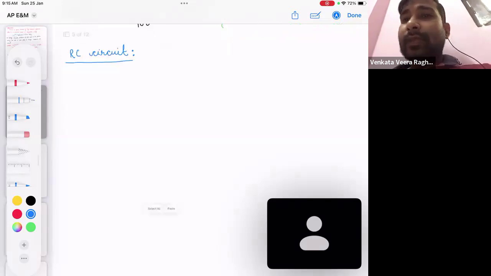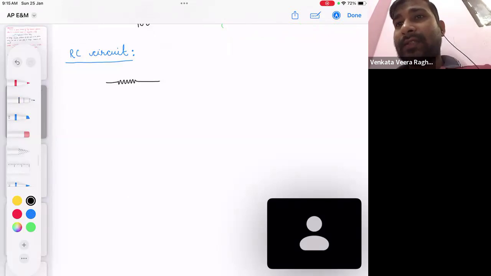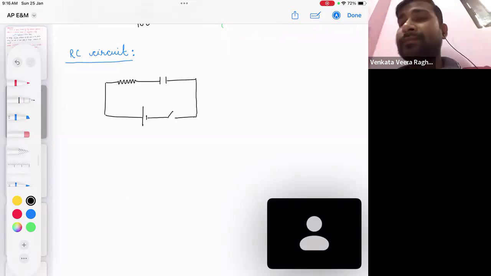We are going to connect a resistance and a capacitor, and let's say a battery is there, and this symbol is called the switch symbol. Now the battery has EMF E, resistance is R, capacitor is C, and this is called the switch.